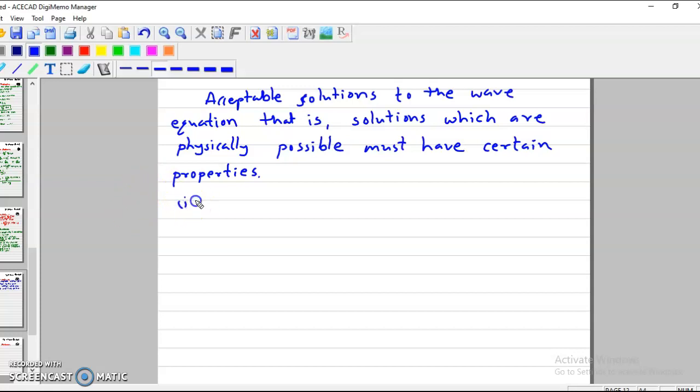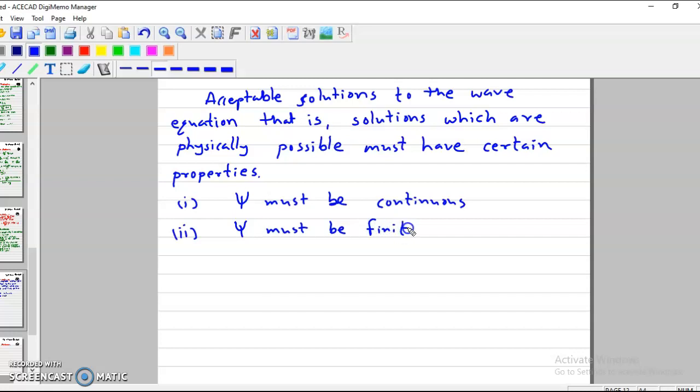The first condition is that psi must be continuous. Because it is a wave and wave is a continuous property, so psi also should be continuous. Then psi must be finite.